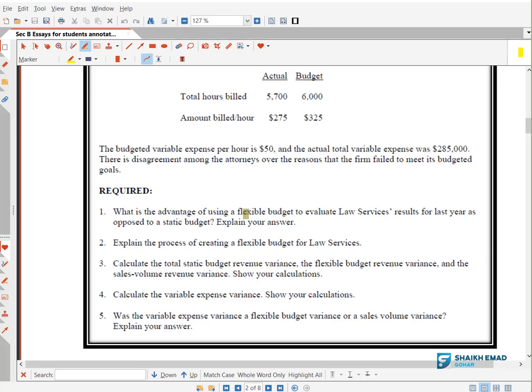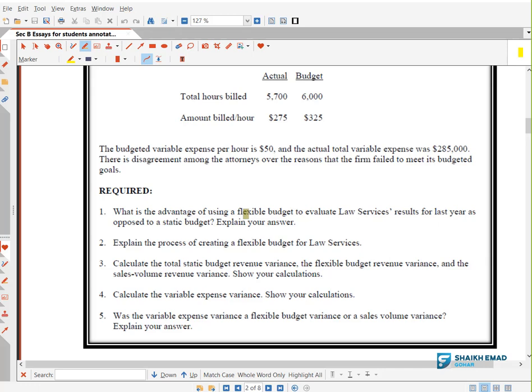Explain your answer. So they are saying, why should we use a flexible budget to evaluate the results as compared to the master budget or static budget? We have discussed this in a lot of detail now, and I hope you remember why we are creating a flexible budget: because we need to compare like with like.